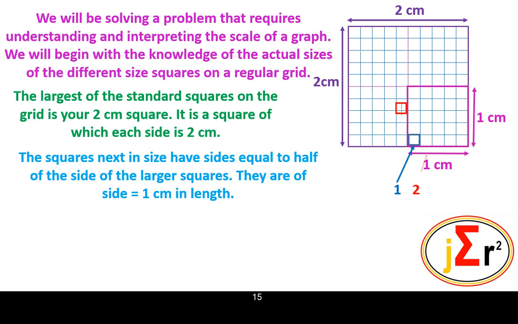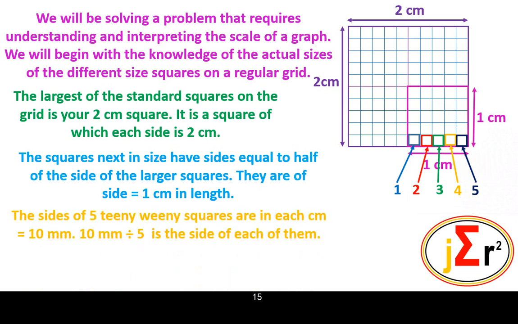But of course we have the little teeny weeny squares. What do we know about those little squares? Notice that in 1 centimeter we have 5 of them. The sides of 5 small squares are in each centimeter, and of course each centimeter is equal to 10 millimeters.